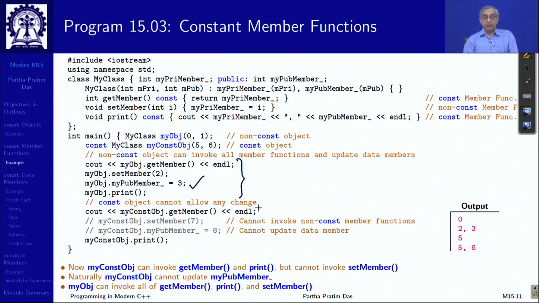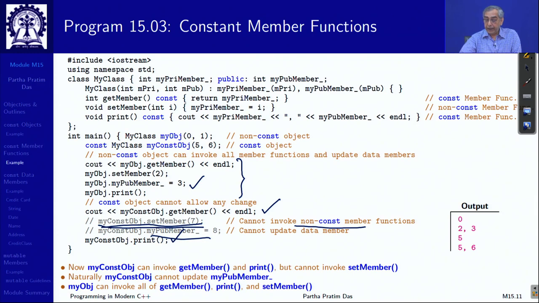But for the constant object, I can do this, which is a constant function get member. I can do this, which is a constant function, because they guarantee that they will not make change, but I cannot invoke this. If I invoke this, I am trying to change a this pointer pointing to a constant object to a this pointer which is pointing to a non-constant object, which is a violation. Right? So, if I try to do this, the compiler will not allow me, it will give me a compilation error, and obviously I cannot do the assignment.